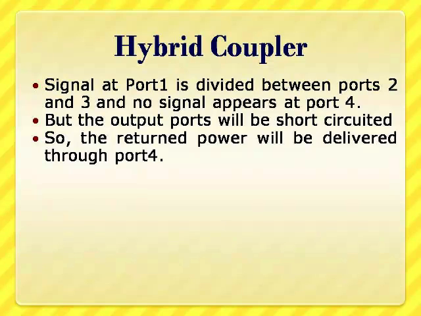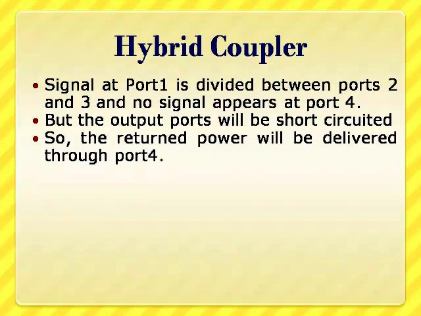So the return power will be delivered at port 4. For this, the diode switches will be closed. So if the diodes are open, the power is reflected without any phase shift and delivered through port 4. But if you close these diodes, the short circuited line will come into picture.